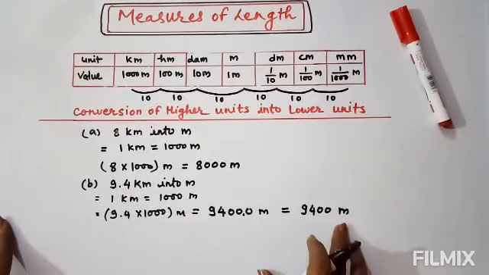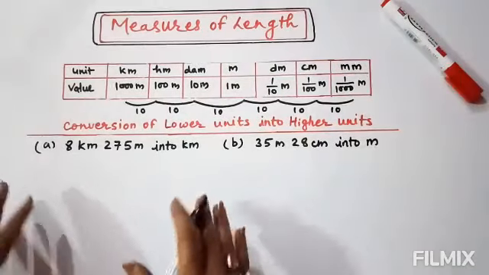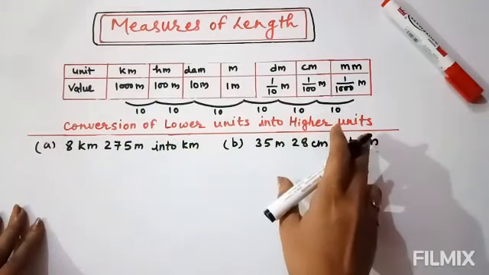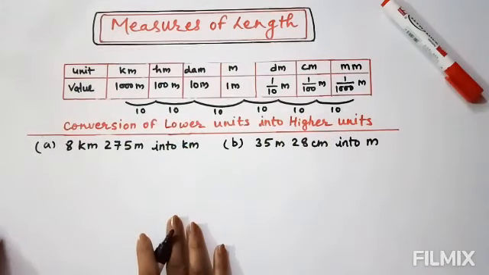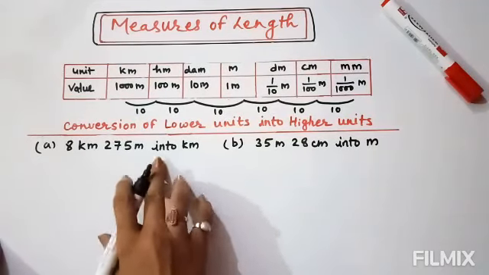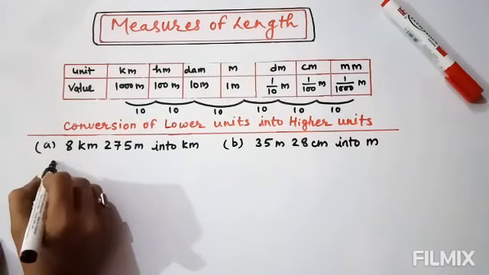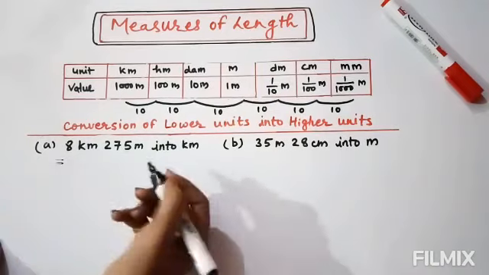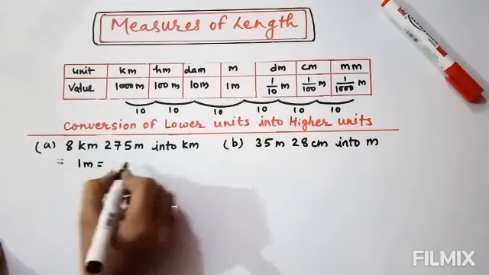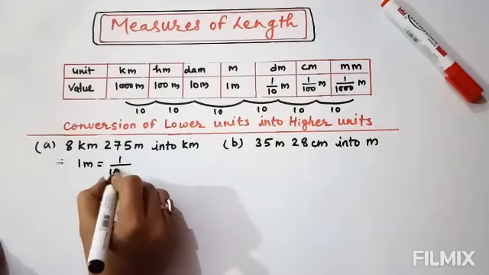Am I clear? Let's solve these questions, which are on the topic of conversions of lower units into higher units. What will we do? It is given 8 kilometer 275 meter into kilometer. First of all, we will write 1 meter is equal to how many kilometer? 1 meter is equal to 1 upon 1000 kilometer.